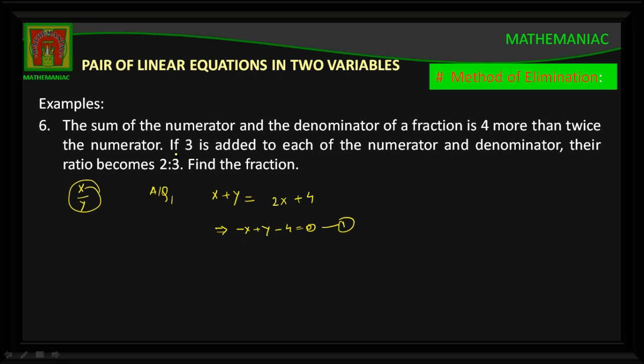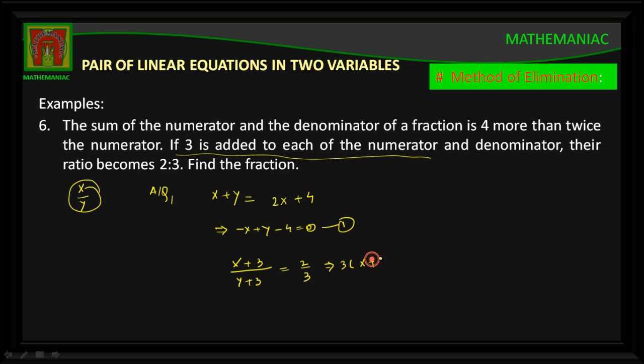Next, if 3 is added to each of the numerator and denominator, their ratio becomes 2 by 3. 2 is to 3, right? If you are adding 3 to both numerator and denominator, then it becomes 2 by 3. Now get the cross multiplication done, right?